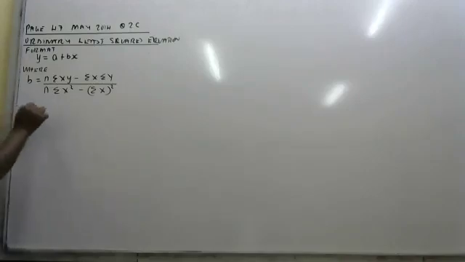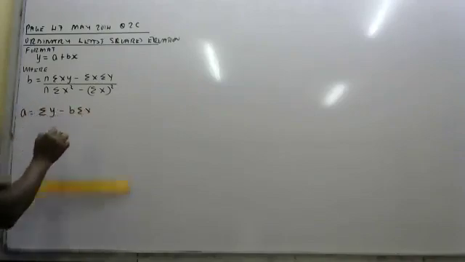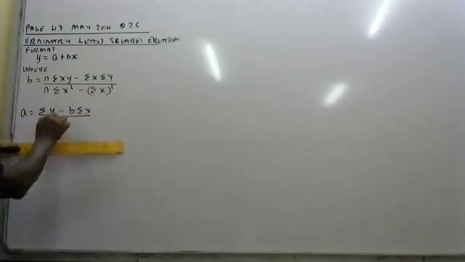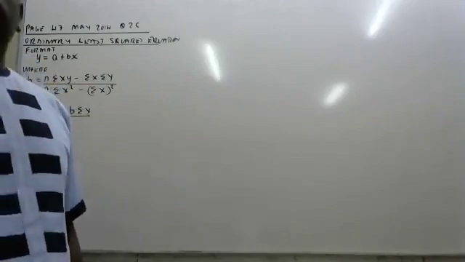A is sum of y minus b sum of x, all that you divide by n.